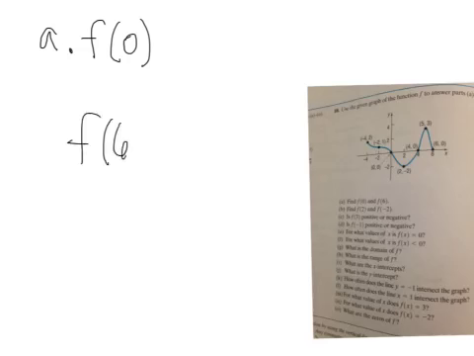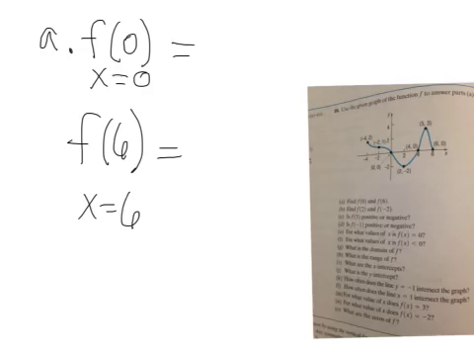Okay, so let's do A. So A is f of 0 and f of 6. What I'm going to do is, this is really when x equals 0 or when x equals 6.